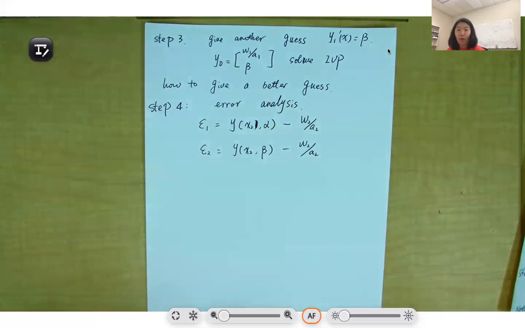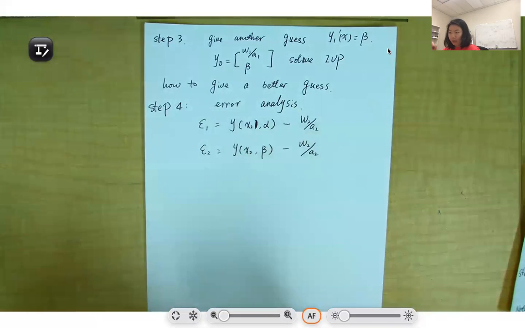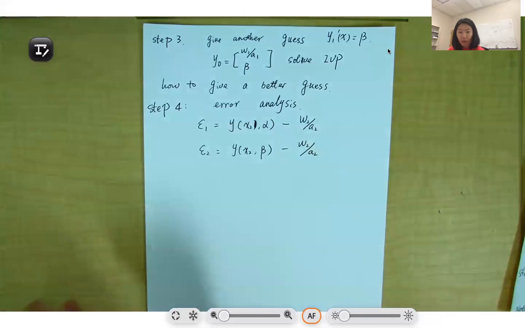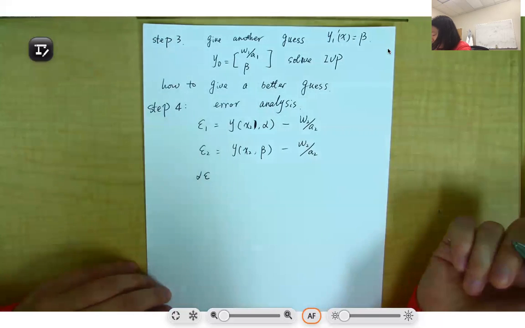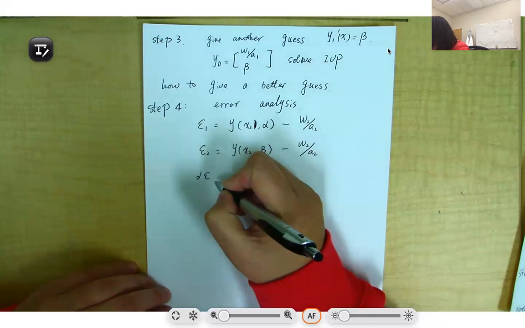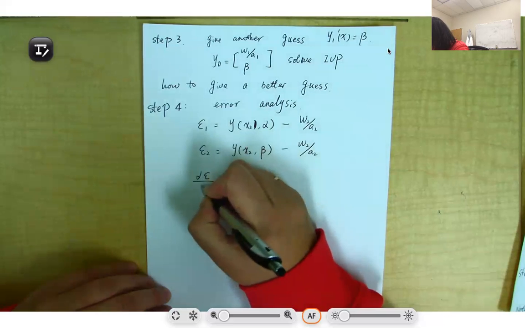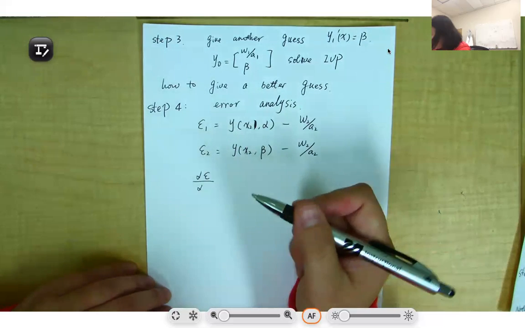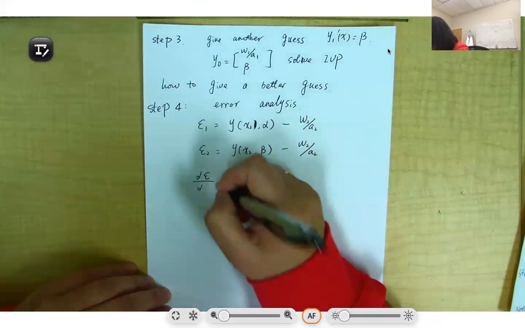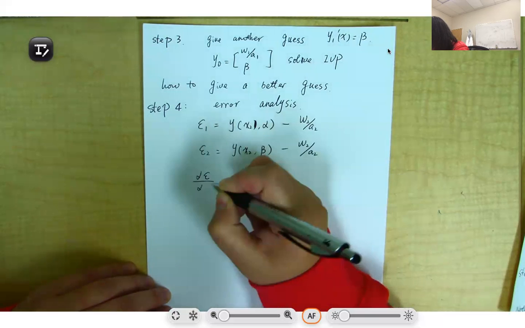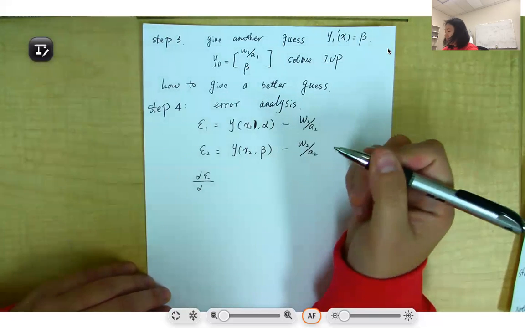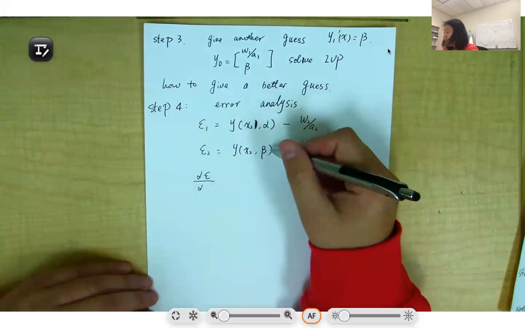Then the error will have a slope. The slope is a function of your guess, okay? So delta error divided by delta initial guess, which is basically alpha minus beta, right?